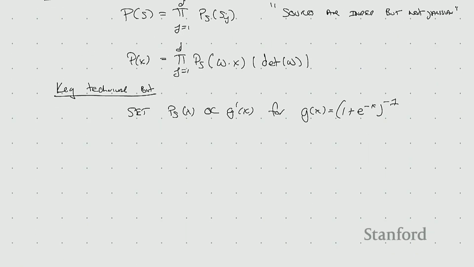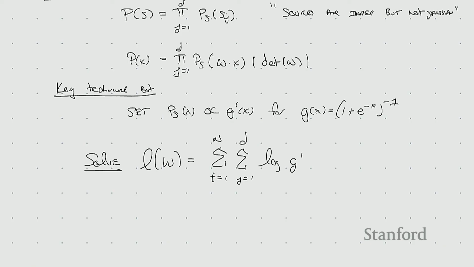And then we can solve the likelihood of W, which is the sum from t = 1 to n, sum over j = 1 to d, of log g'(w_j x_t), plus log of the determinant of W.